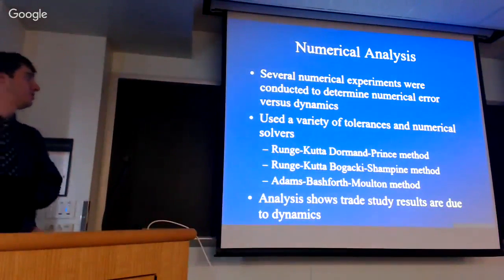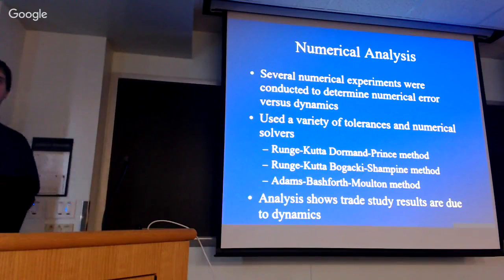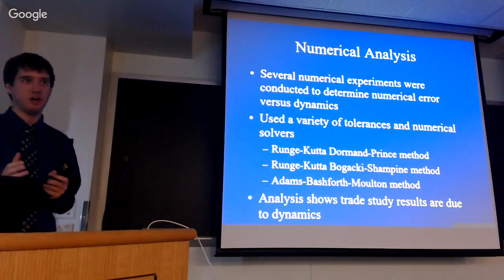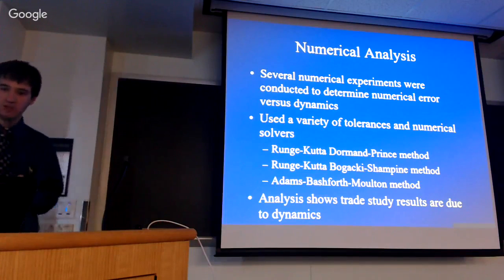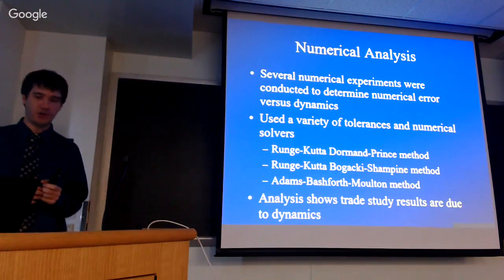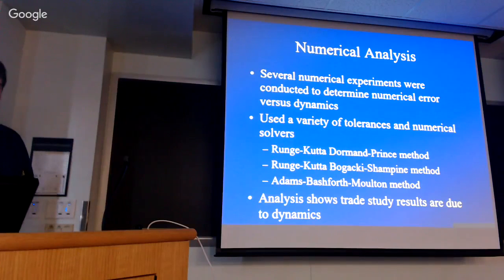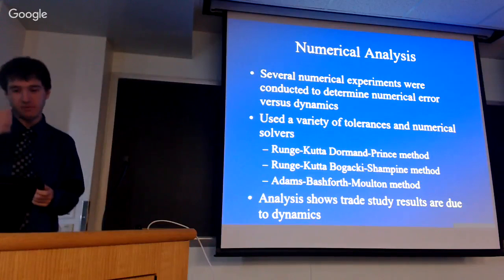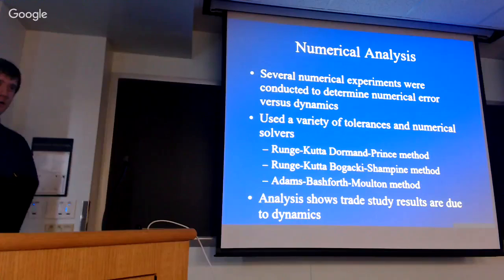So like I just touched upon before, I did several numerical experiments to determine the validity of the dynamics that I was seeing. I used a variety of tolerances, ranging from about 10 to the minus 13 to about 10 to the minus 2.